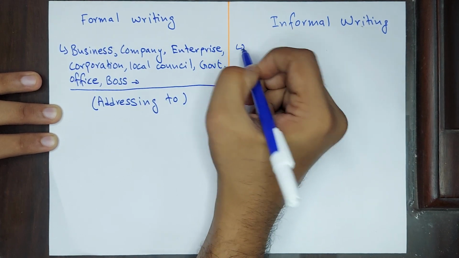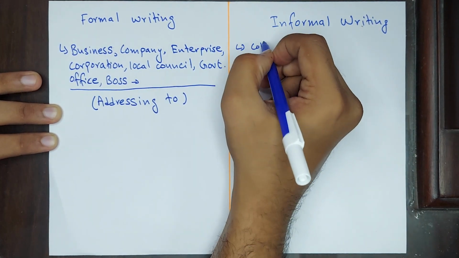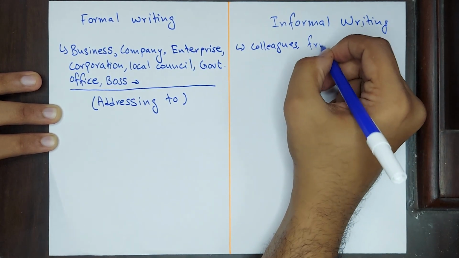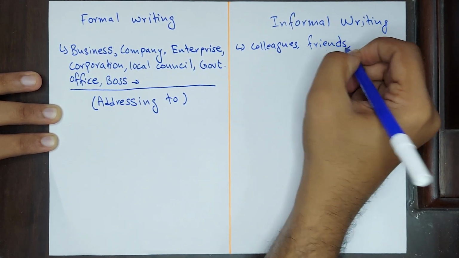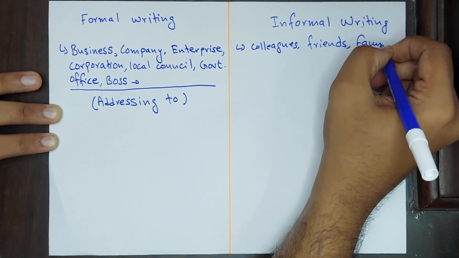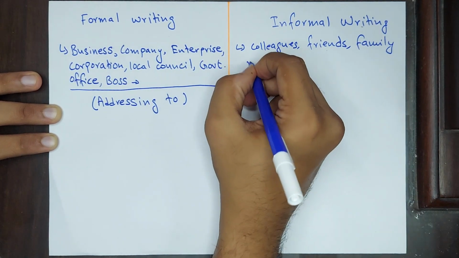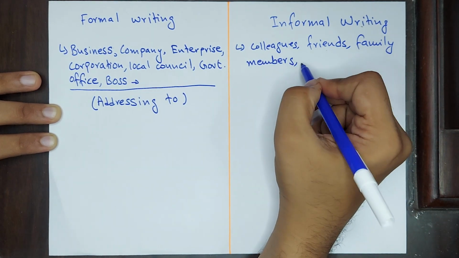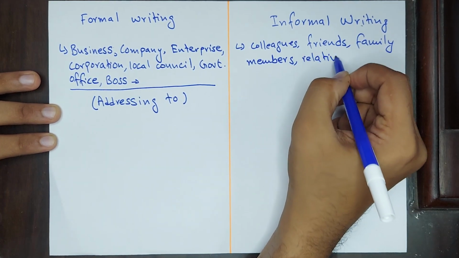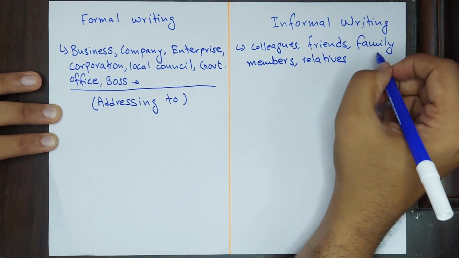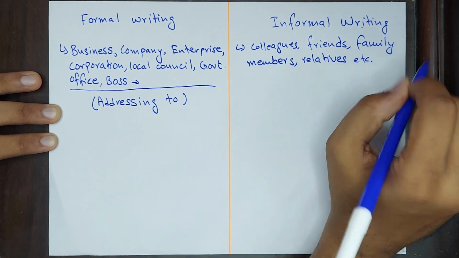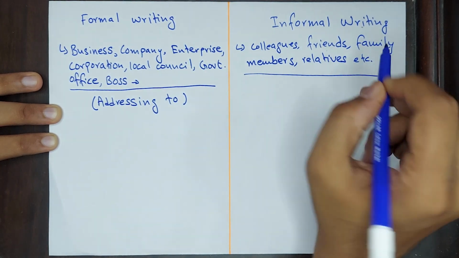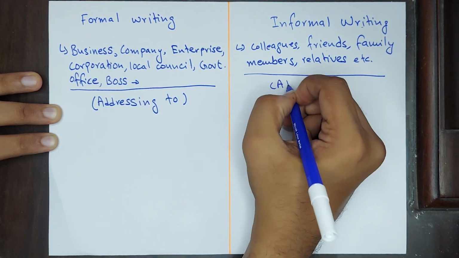Okay, where do we talk about informal writing? It could be your colleagues, your friends, your family members, and relatives, etc. So this is whom you're addressing.